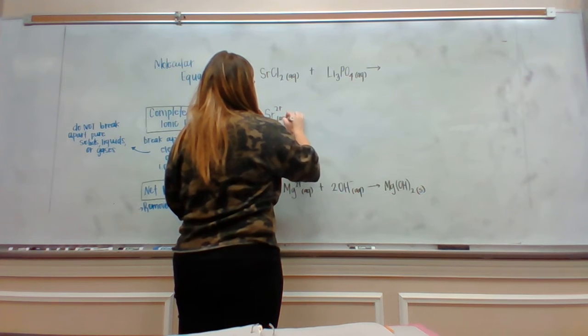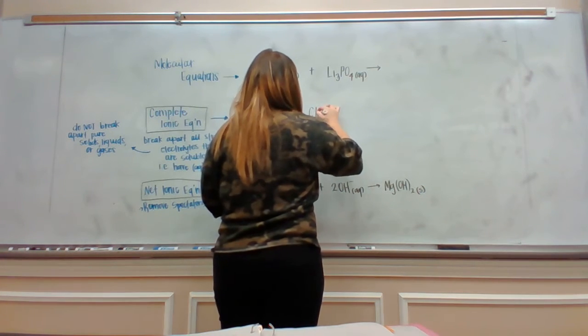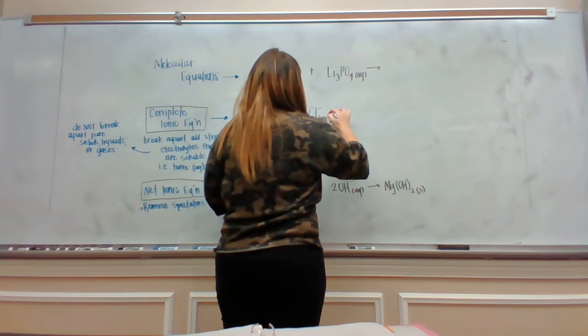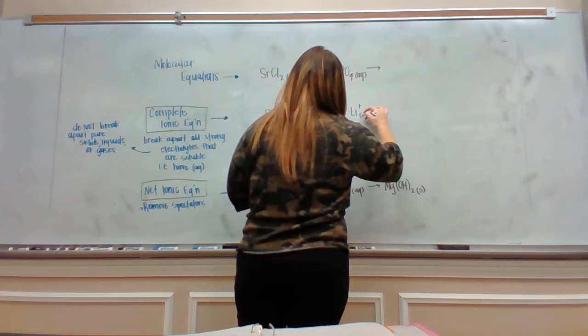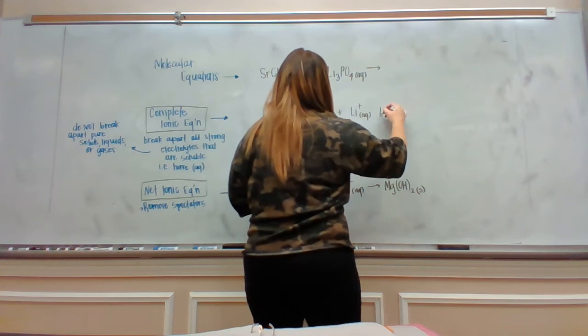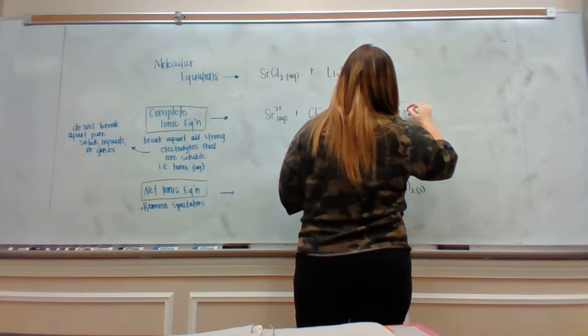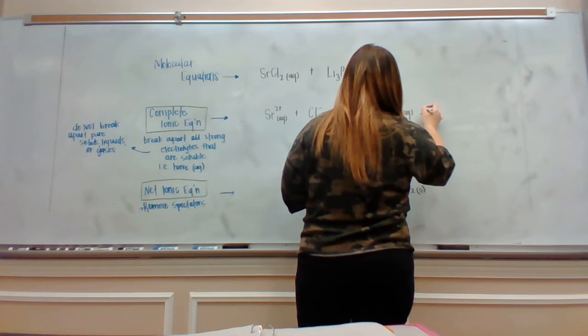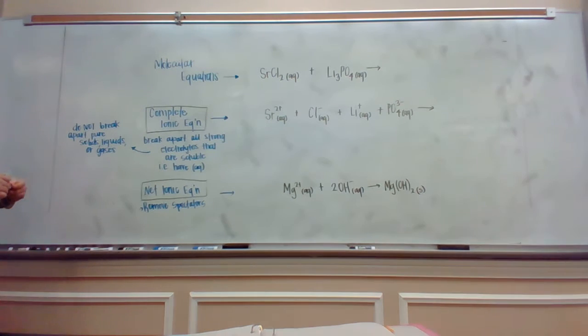You just don't put coefficients out in front just yet because we haven't balanced the equation. But it'll still show you what ions. So those are my 4 ions.